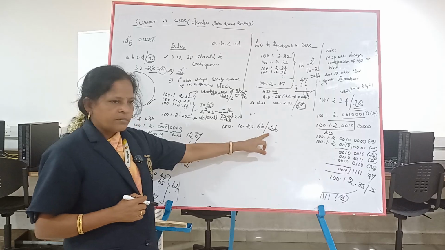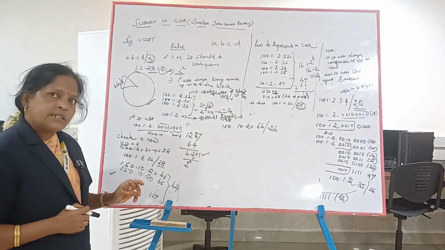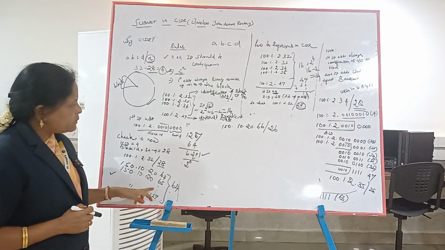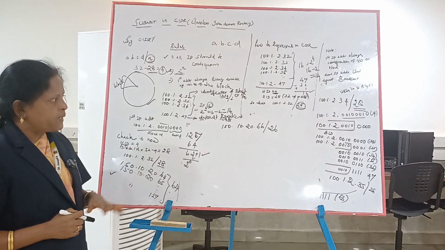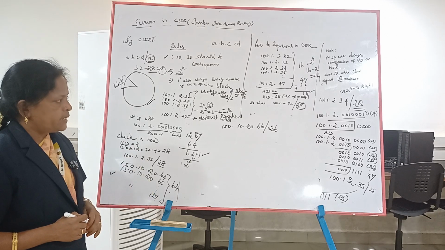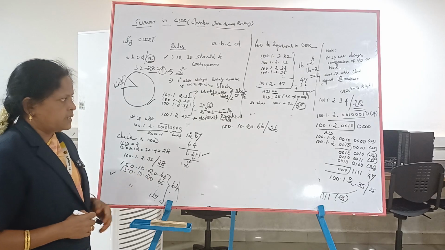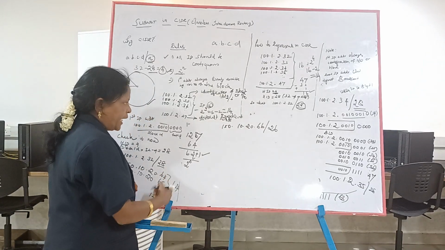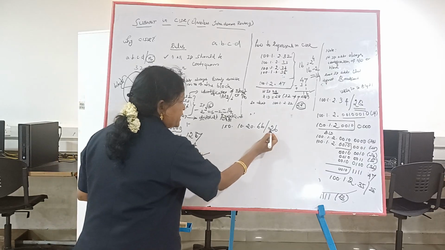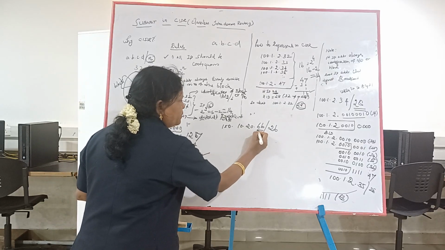150.10.20.66 slash 26. 26 represents the block ID or net ID. The rest of the bits will be considered as the host ID part. The host ID part will be 6 bits. Then how do we generate the range for all the IPs here? It is spread in the fourth byte itself.